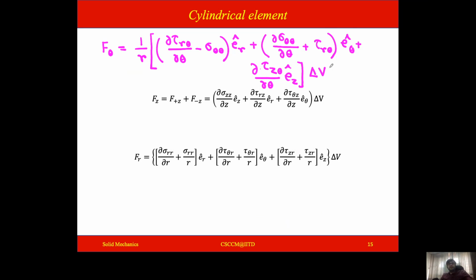So this is your fr, f theta, and fz. So we have all the three components now.